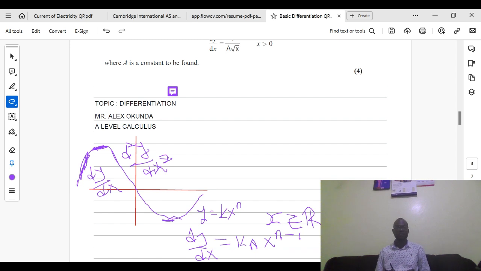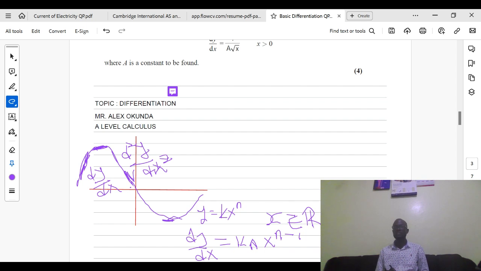Now, look at this point here. Here we see the curve transitioning from the left to the right of this plane, but the gradient is not changing. At this point the gradient is negative, but here the gradient is positive.